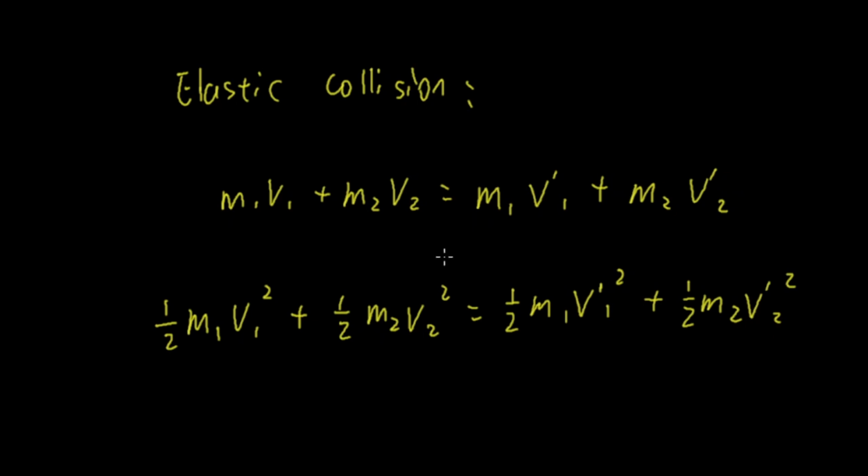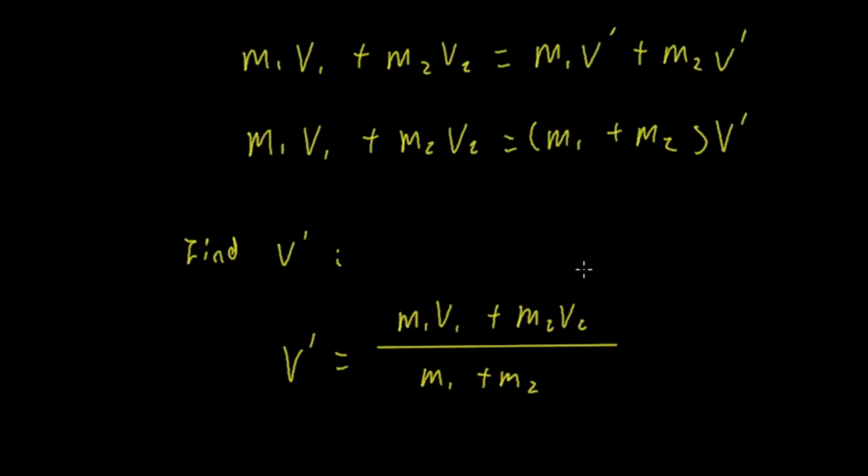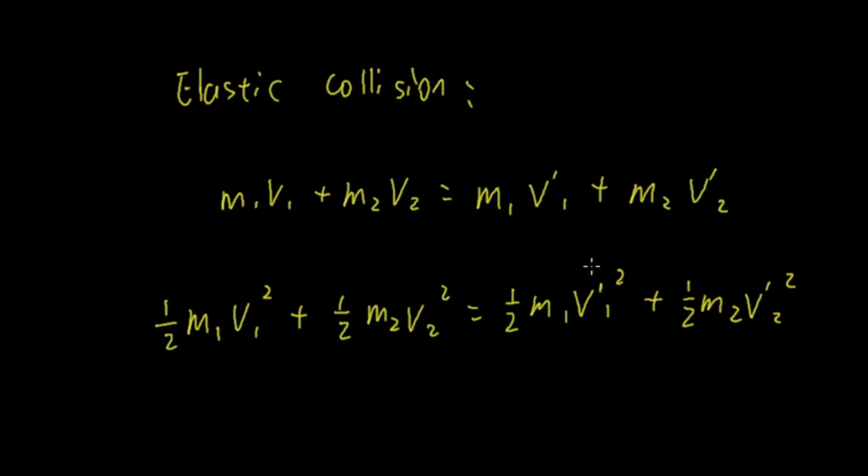And of course, in an elastic collision, v final 1 and v final 2 are not the same, so you cannot solve it like this. Assuming that they are normally not the same velocity, you have two equations here.